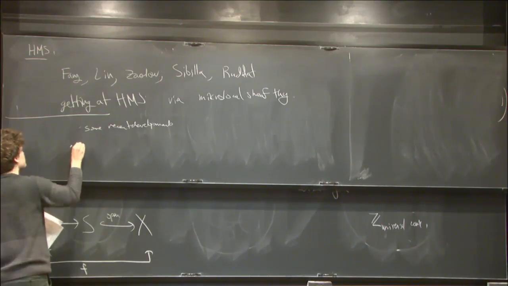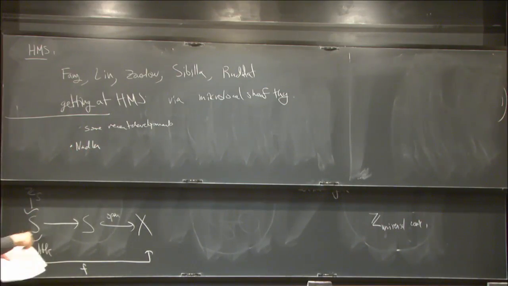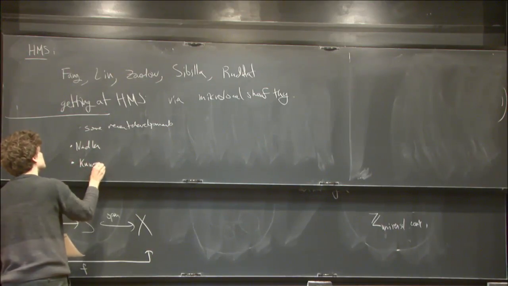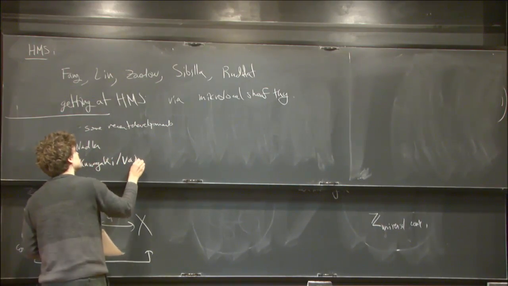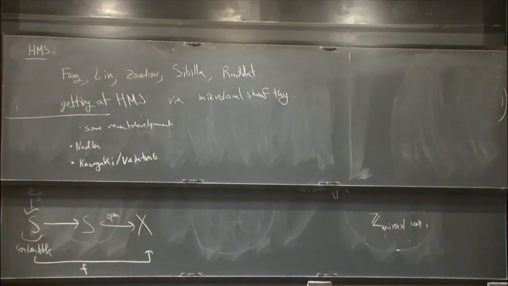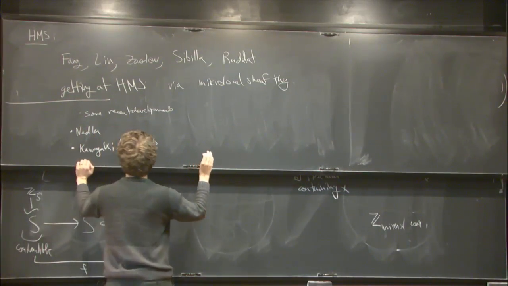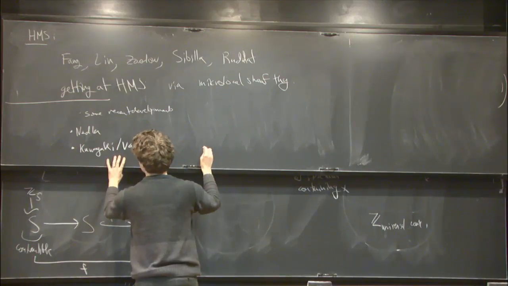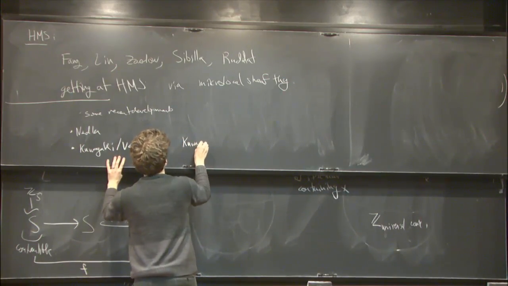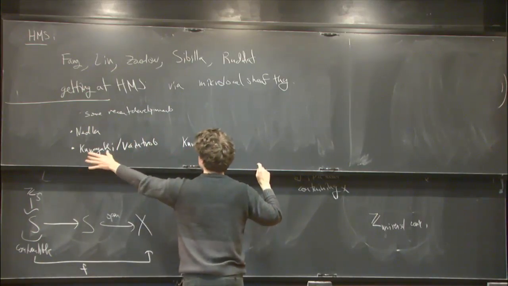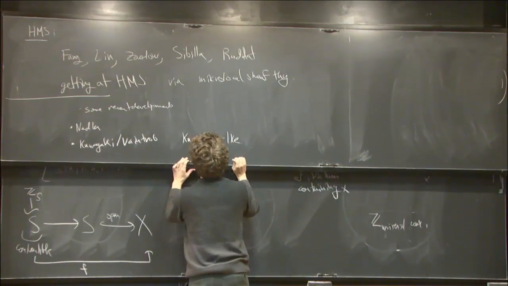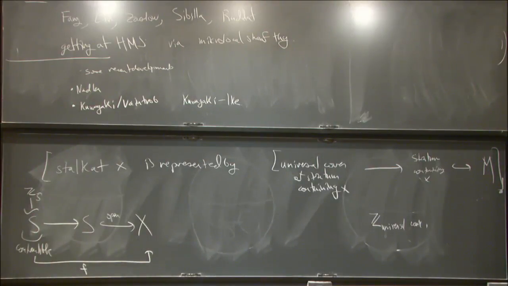So Nadler has taken up this idea of approaching homological mirror symmetry with sheaf theory, and some loose ends were settled by Mitka and Kuwagaki. There are some kind of ideas of Kuwagaki and Ike.